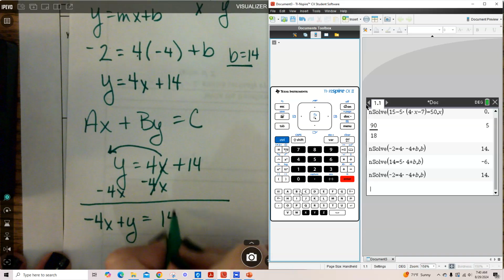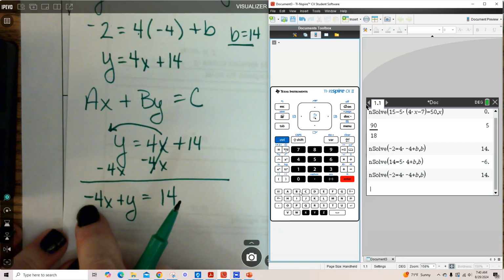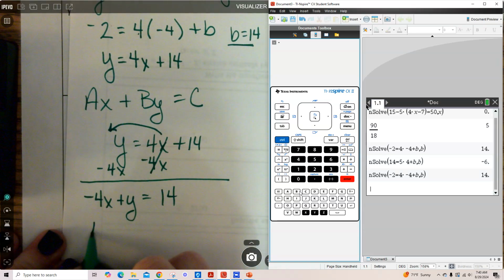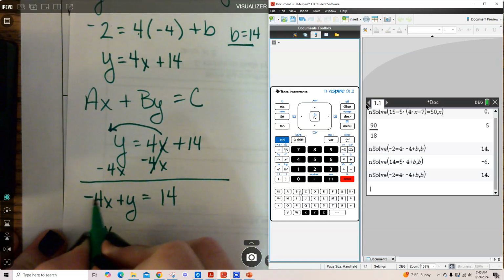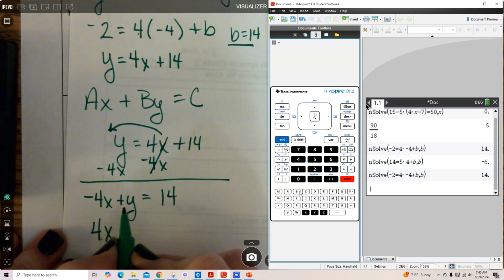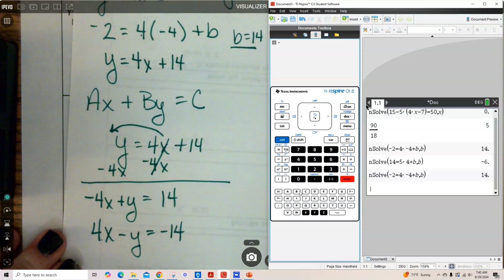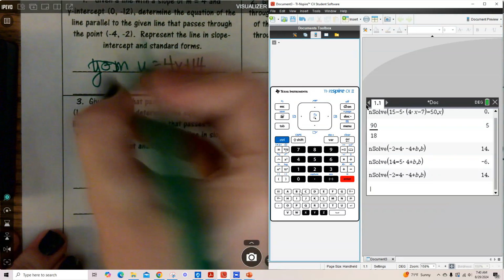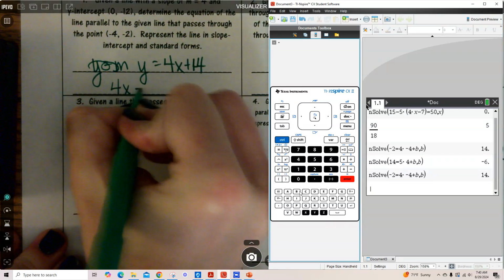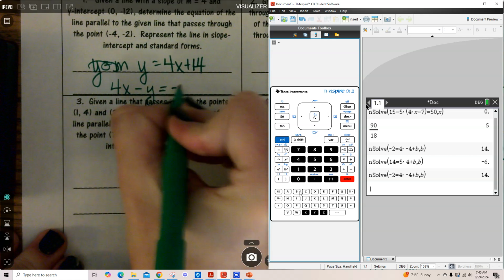This cancels, 14. Now remember what I said, the x can't be negative. So if you have a negative value in front of x, everybody's sign changes. So negative 4x becomes positive 4x, positive y becomes negative y, positive 14 becomes negative 14. And so that is my standard form equation.